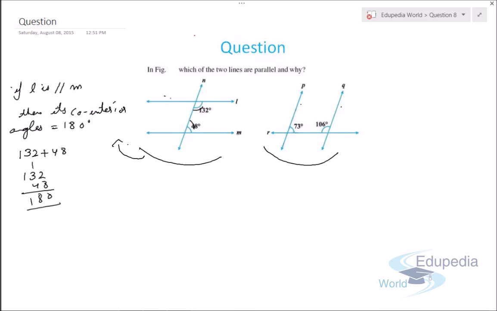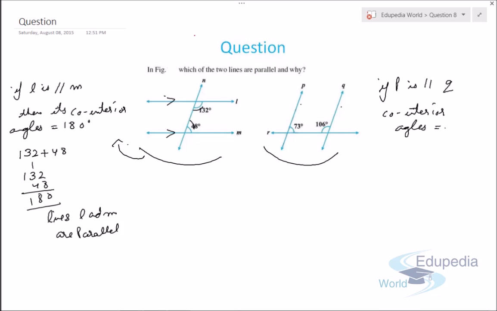We can say that line L is parallel to M. Lines L and M are parallel lines, right? Now let's check for this figure, lines P and Q. If P is parallel to Q, then co-interior angles should be equal to 180 degrees. So this angle plus this angle should be equal to 180 degrees.